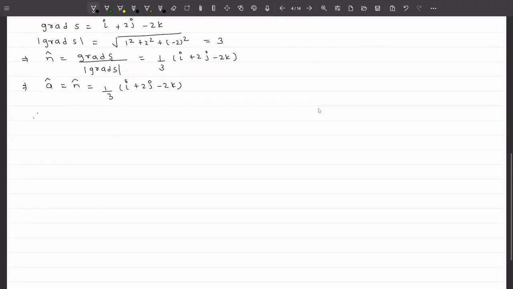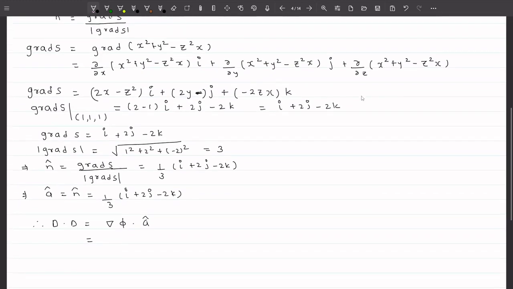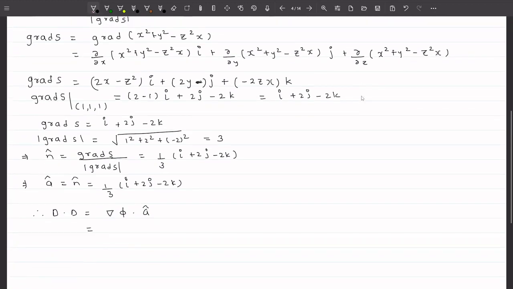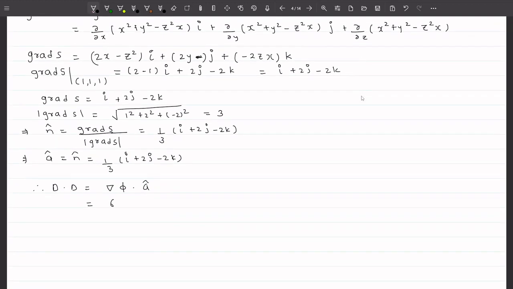Therefore directional derivative, what is the formula? Gradient of phi dot a cap. So what is gradient of phi? We have already calculated. What is that gradient of phi? 6i + 5j + 6k. 6i + 5j + 6k dot product with a cap.